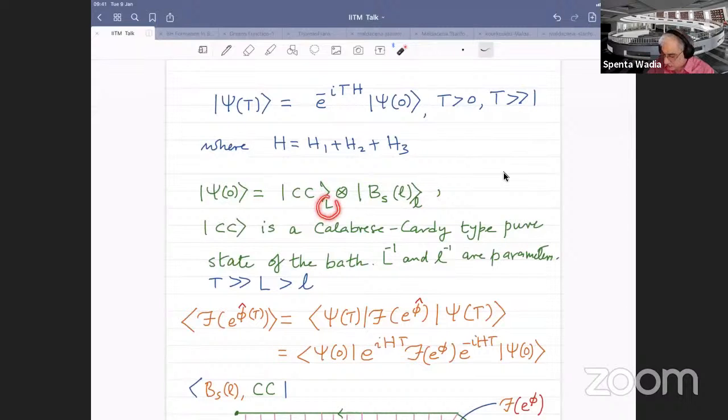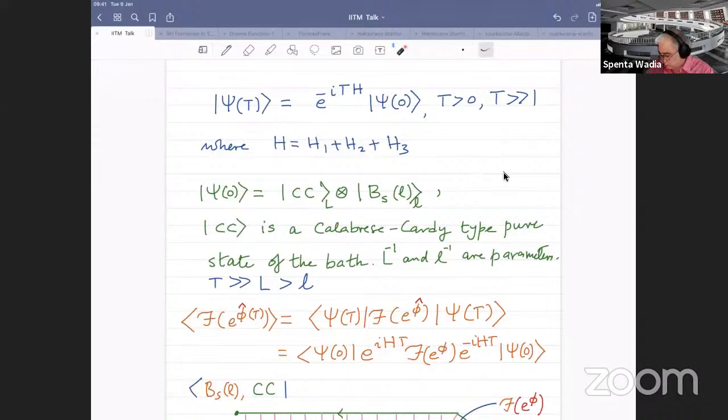This is the inverse temperature of the bath, and this is the inverse temperature of the black hole. For our purposes, capital L has to be very much larger than small l, because a hot system will evaporate into quanta of the cooler system.